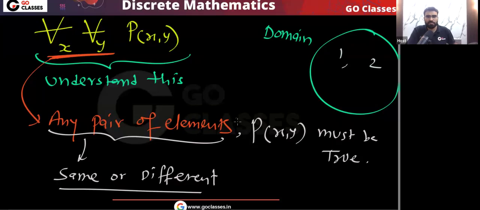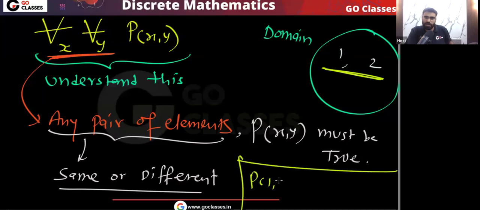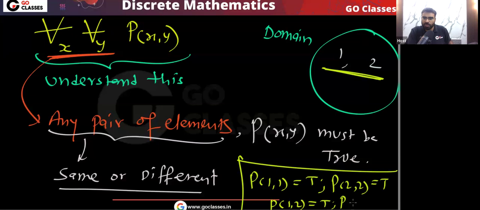This is what it means. So if you have 1 comma 2, then P of 1 comma 1 must be true, P of 2 comma 2 must be true, P of 1 comma 2 must be true, and P of 2 comma 1 must be true. Is this clear?